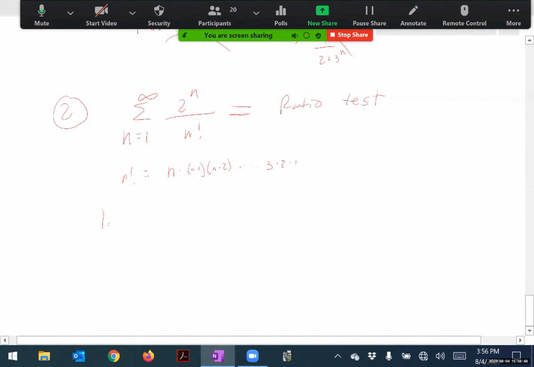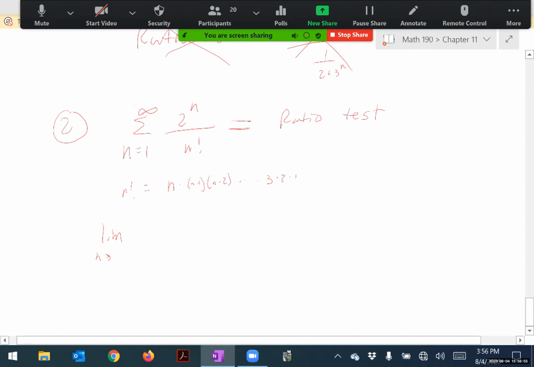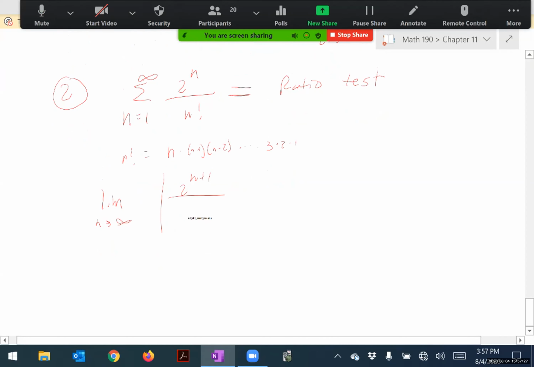So we're going to say the limit as n goes to infinity of the absolute value of 2 to the n plus 1 over n plus 1 factorial, divided by 2 to the n over n factorial.